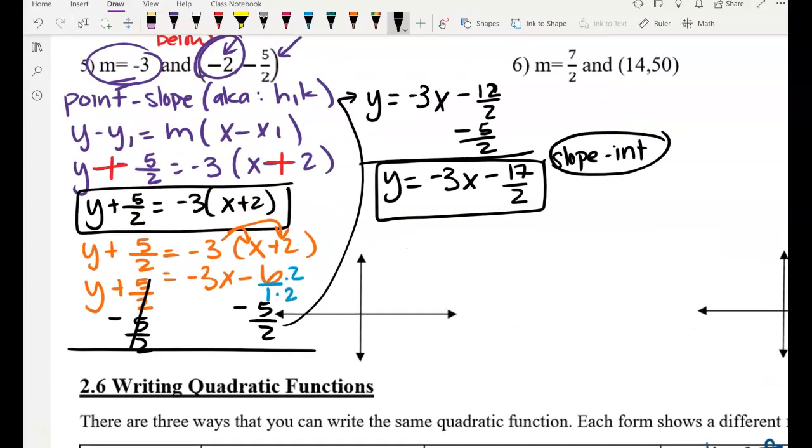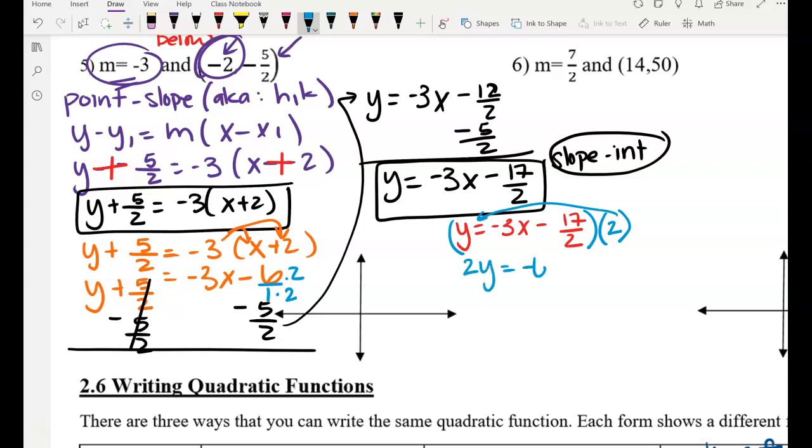Next, we want to write it in standard form. Now, in standard form, students, we cannot have any fractions whatsoever. So I'm going to copy this back down because we are about to get rid of your fractions. To get rid of the fractions, we are going to multiply each and every term by the lowest common denominator. In this case, it is 2. So 2y equals negative 6x, because 2 times negative 3. The reason we multiply by the lowest common denominator is so the fractions are going to be reduced.